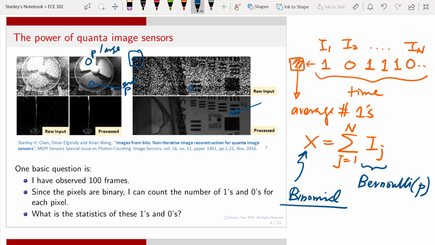So what we want to do in this lecture is to understand more about this binomial random variable, with the hope that we can understand the relationship between the binomial and Bernoulli, and how to calculate the expectation, the moments, the variance, the CDFs, and all kinds of statistical properties that we need to know about the binomial random variable.